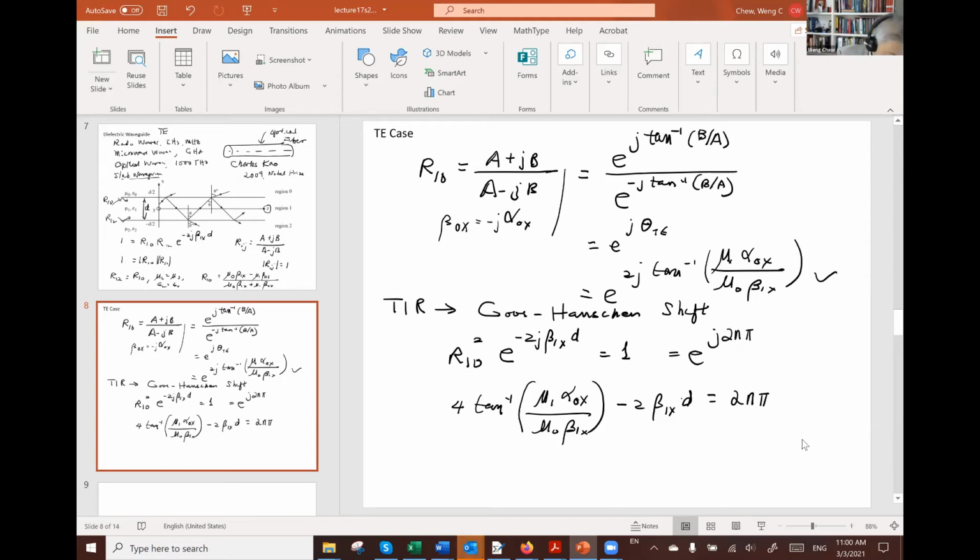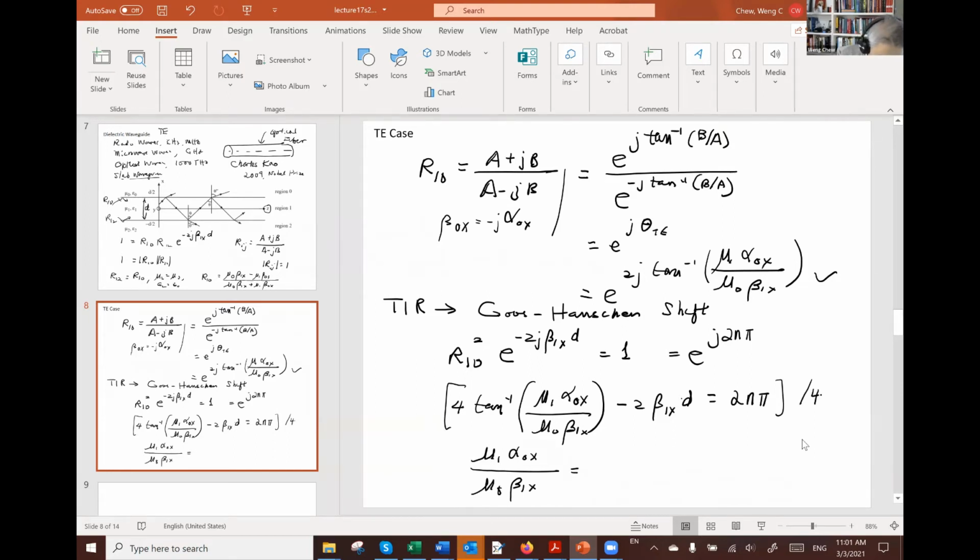So what we need to do then is actually to divide this equation by 4. Okay, the trick is to divide this equation by 4. And if you do that, then this factor of 4 will go away, and you would have arctangent of this being equal to the rest divided by 4, and then you take the arctangent away by taking the tangent of the equation.